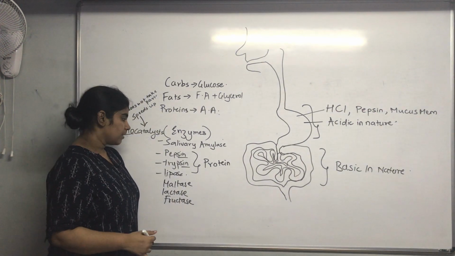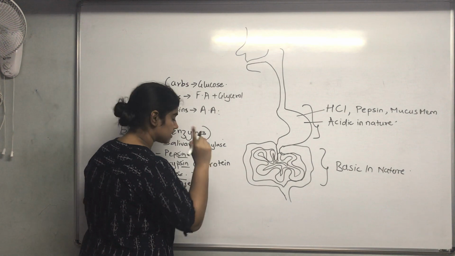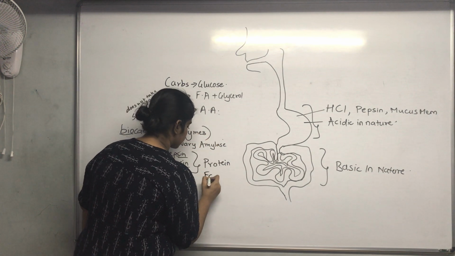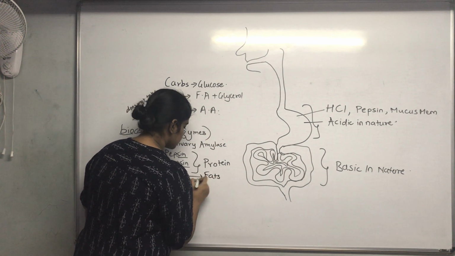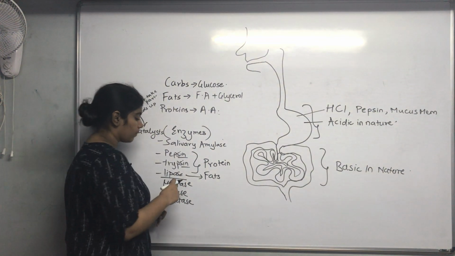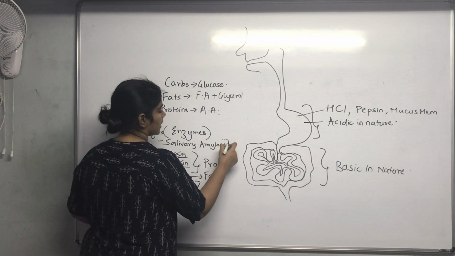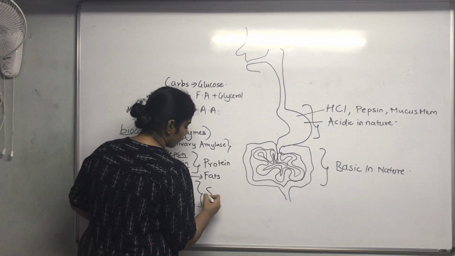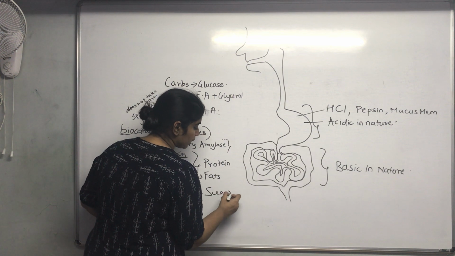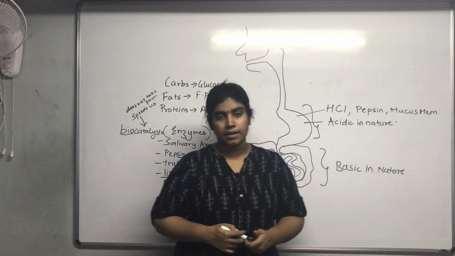If I talk about lipase, lipo means lipids and lipids means fats. So lipase stands for fat. And maltase, lactase, fructase and salivary amylase are for the breaking down of sugars. Now this kind of enzymes are present.